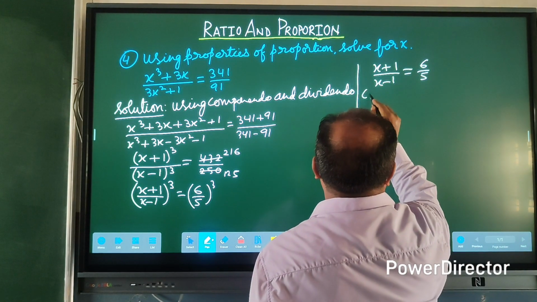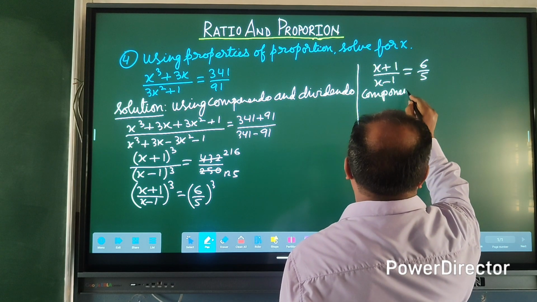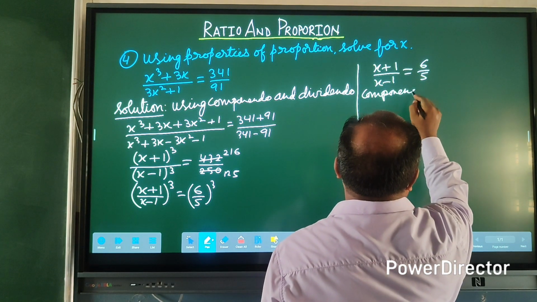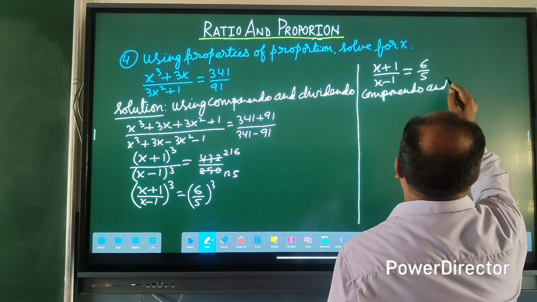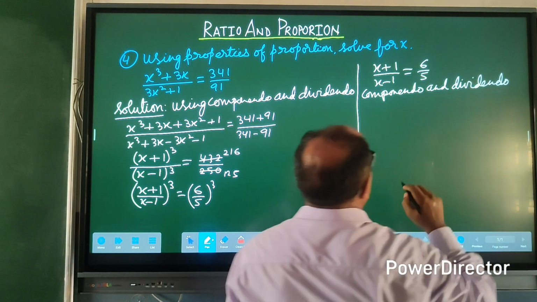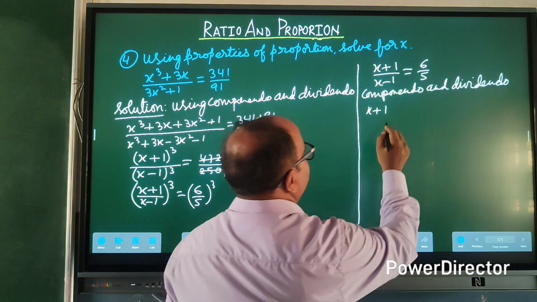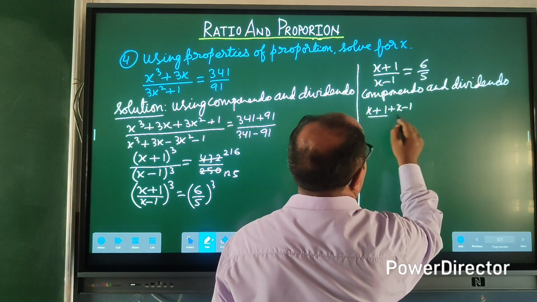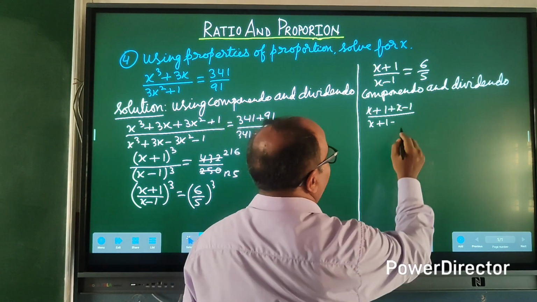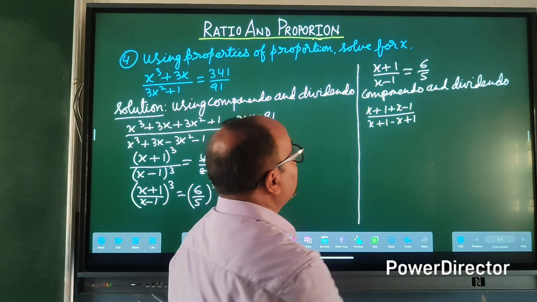I again apply componendo and dividendo because I get to see the same thing in the numerator and denominator with their signs different. So I get here numerator x plus 1 plus the denominator x minus 1, then the numerator x plus 1 minus the denominator x minus 1, minus minus makes it x plus 1.